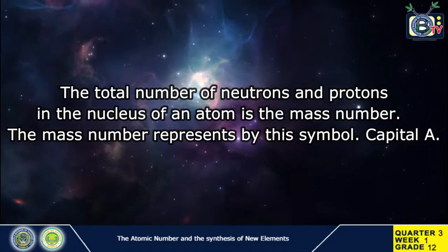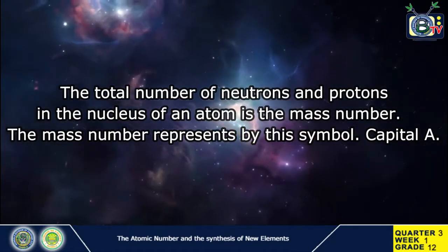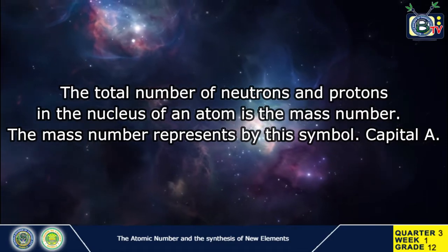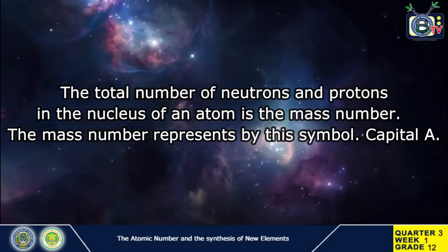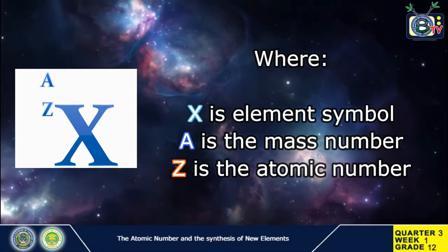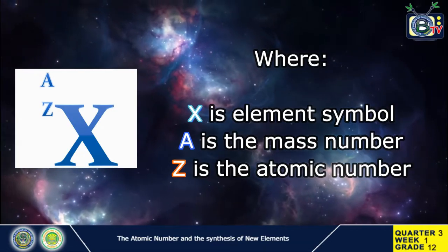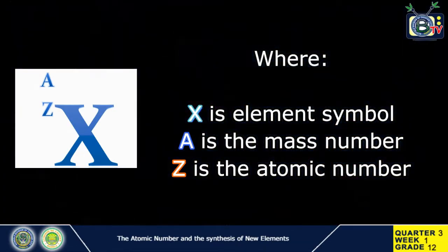The total number of neutrons and protons in the nucleus of an atom is the mass number. The mass number is represented by the symbol capital A. The X represents the element, A represents the mass number, and Z the atomic number.